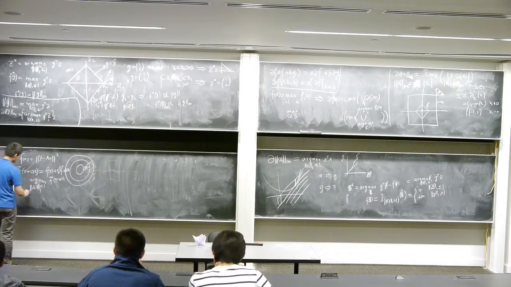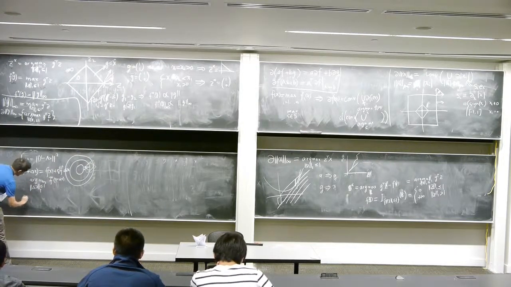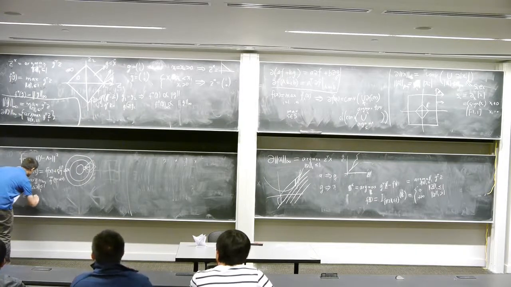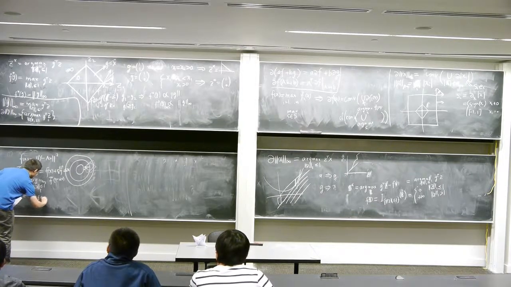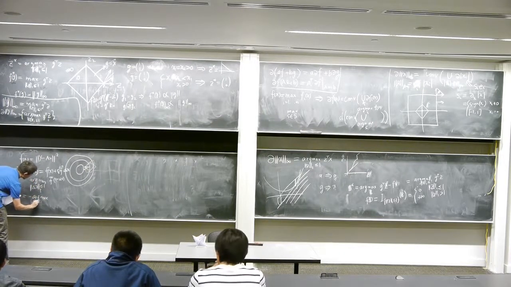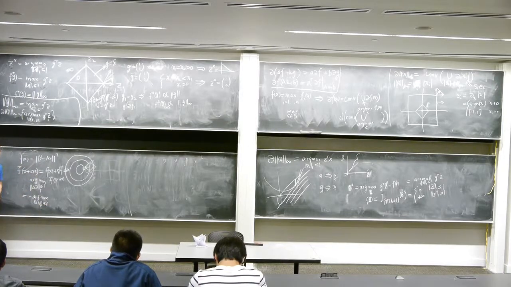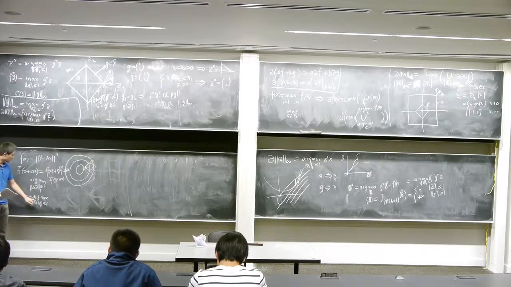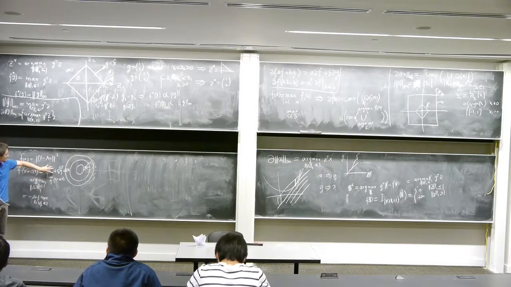And this is the same as the negative of the argmax, because everything is symmetric. Here, delta x and negative delta x are symmetric, and the norm is symmetric, plus or minus. So this is the argmax of this value, where the gradient of f at x is fixed.